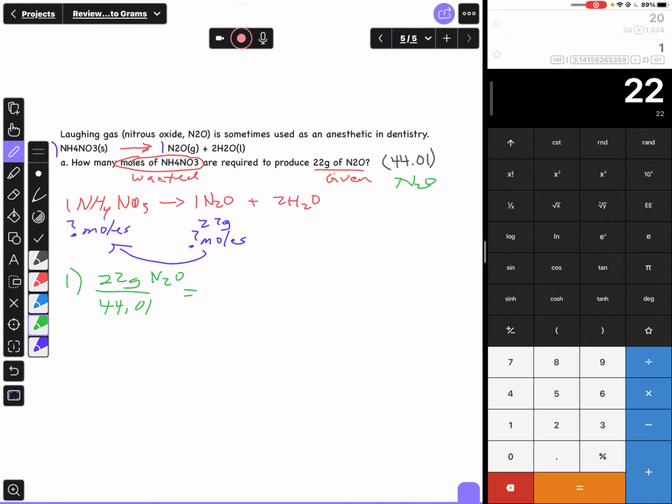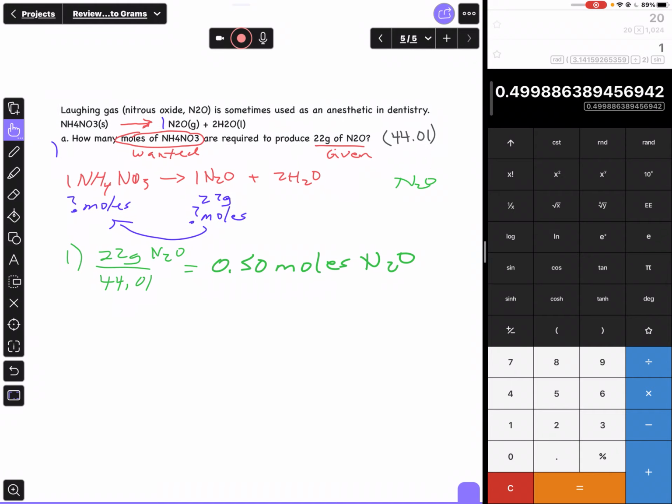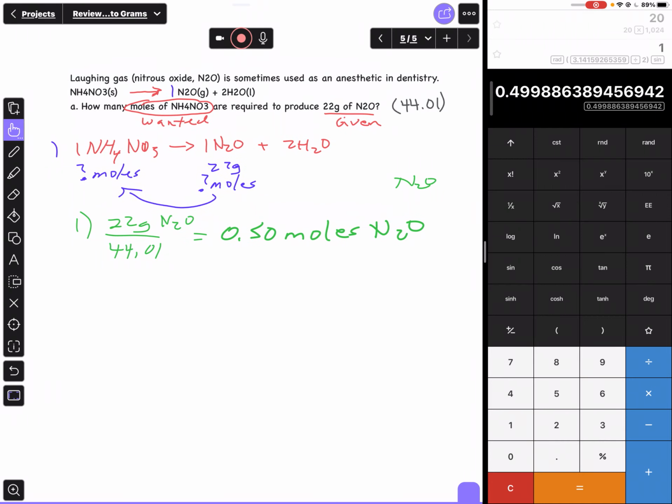So that'll be 22 divided by 44.01, and that equals 0.499. So that's going to be 0.50. Now I'm in moles of N2O.